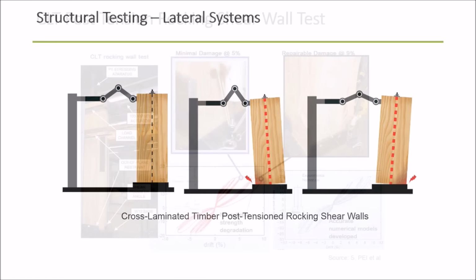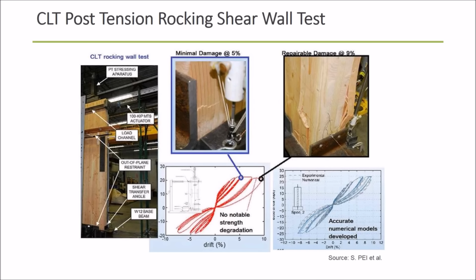Now, this system has an advantage of really being a low damage system, a resilient system, if you will. Most of our code compliant seismic systems are intended to provide life safety to the occupants, but there could be significant damage to the structural system after the earthquake, which may or may not be economically repairable.